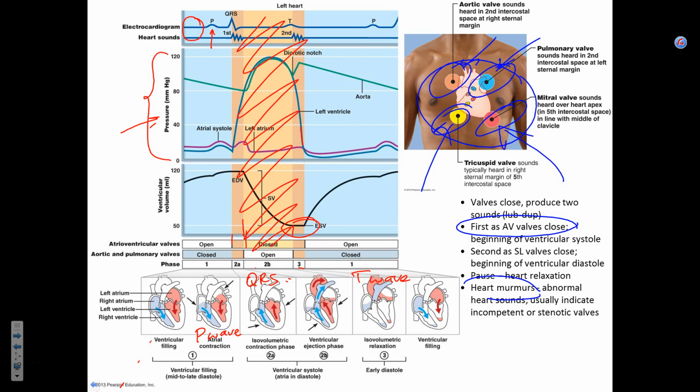During ejection phase, what are the pressure relationships in the heart? So you have to select the correct statement. Does that make sense? Or during isovolumetric contraction phase, what are the pressure relationships? So ventricular pressure is in between. Do you understand what I'm saying here?